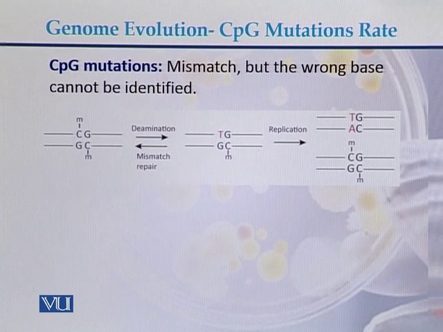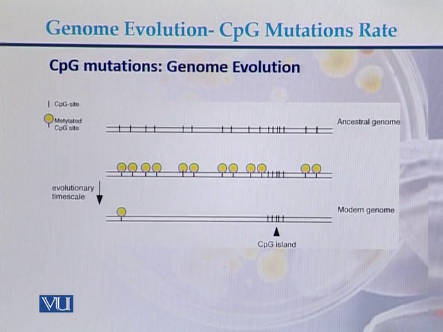If we compare the ancestral genome and the modern genome, in the ancestral genomes there were CpG sites at different locations on the genome, as well as methylated CpG sites. But through evolution, most of the methylated CpG sites were removed.